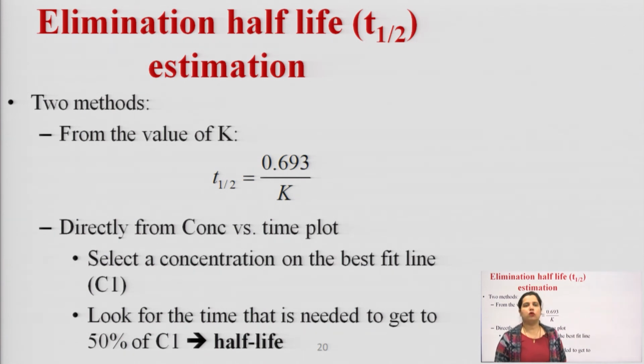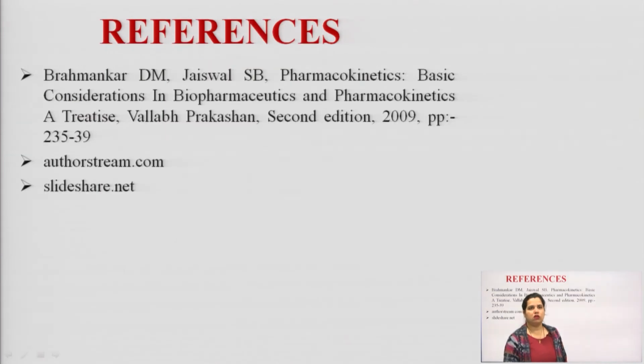So, T half is equal to 0.693 divided by K, directly from the concentration versus time plot. From the best fit line graph you can take concentration and look for the time that is needed to get 50% of C1. So, at any point you can identify C1 and take the time at which it is reduced to 50% of its initial value.